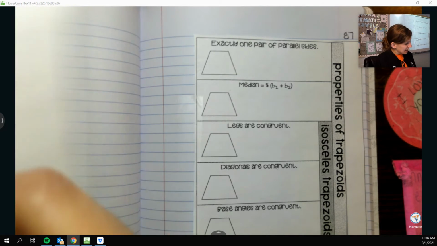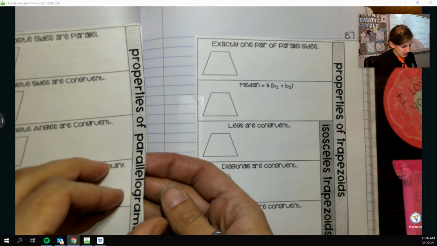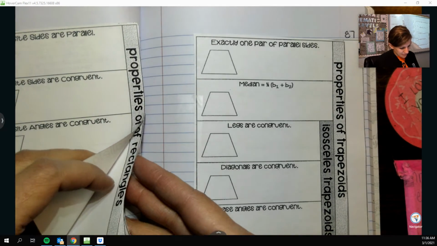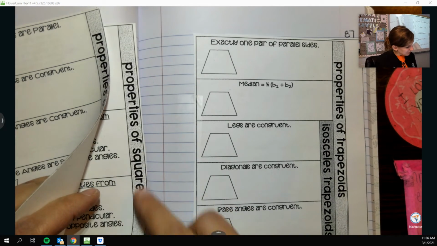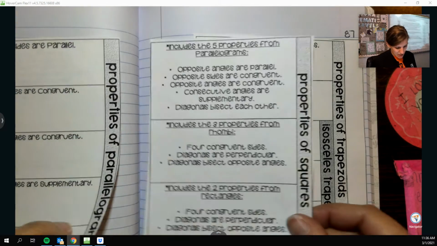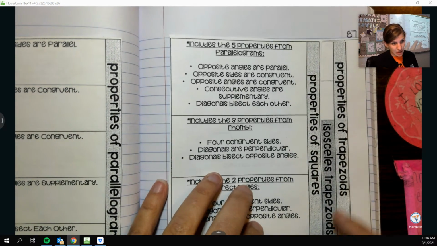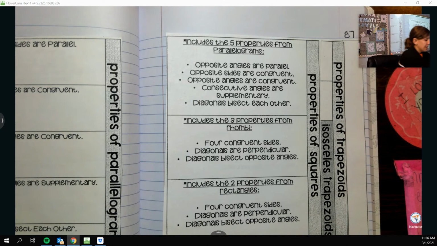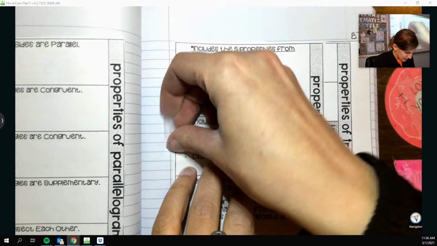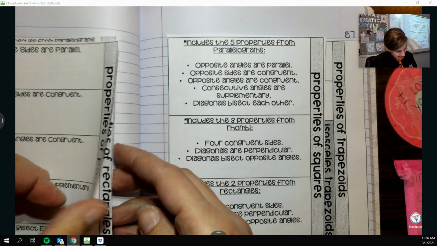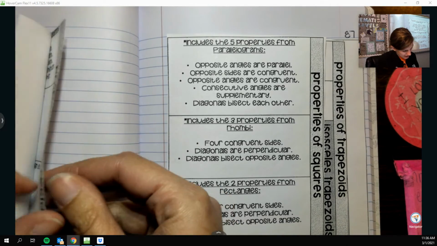Okay, so if we take a look at the next one, going from the bottom, we next have properties of squares. So I'm going to smush that right over here so that I can still see these trapezoids. That one here. And then I think one more after that.